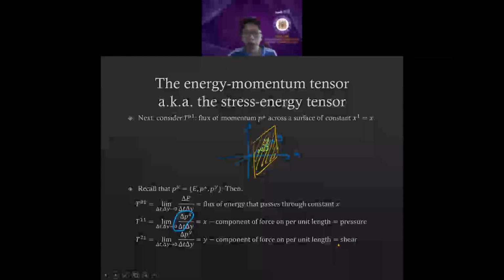This is the shear in 2+1 dimensions. In 3+1 dimensions, this is going to be per unit area, but we're just considering a 2+1 spacetime, so we have per unit length. And this is how you can intuitively think of why the components of the stress energy tensor have the interpretation that they have.